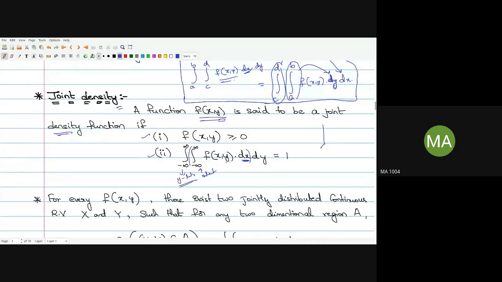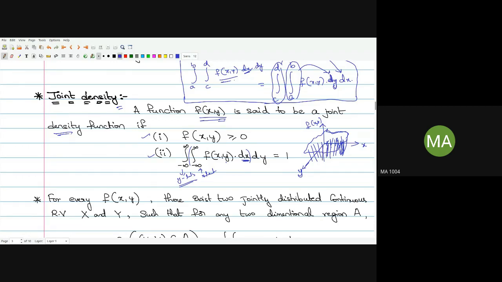If I have to explain it in 3D, treat this as x, this as y, and this as f(x,y). If you have something like this, some height, the volume under this region is what these integrals will give us.